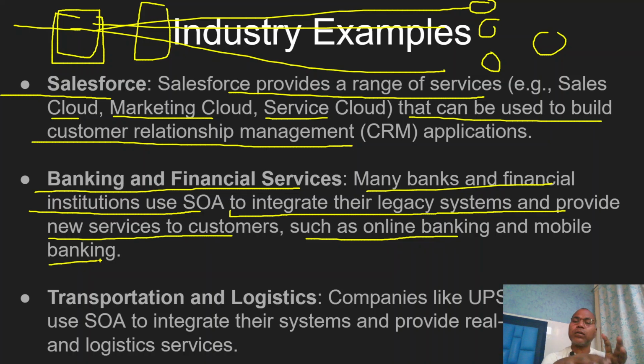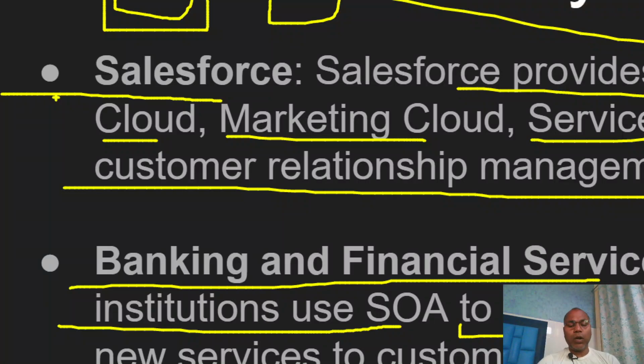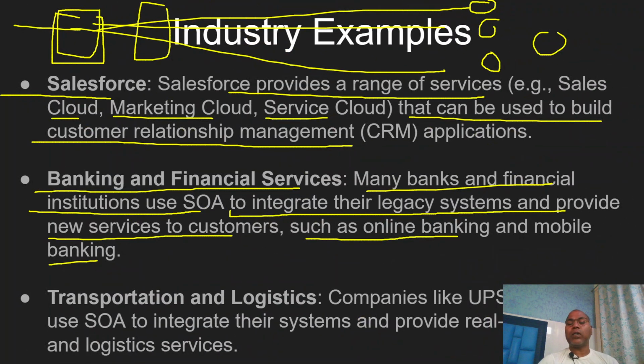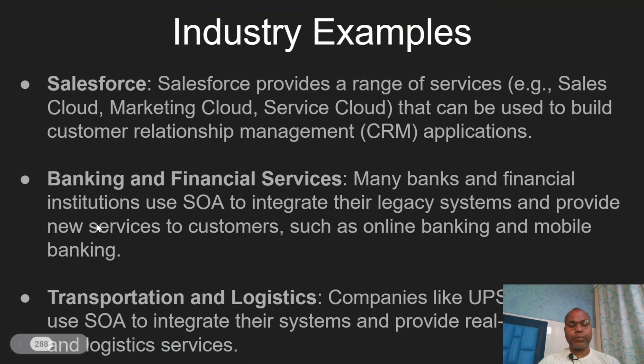Instead, we consider them as different services, and we build adapters for how they communicate, how they talk via the service bus. Nowadays service oriented architecture is highly used in banking and financial domains, and even in logistics and transportation systems, where any transportation utility also uses service oriented architecture to integrate the systems.